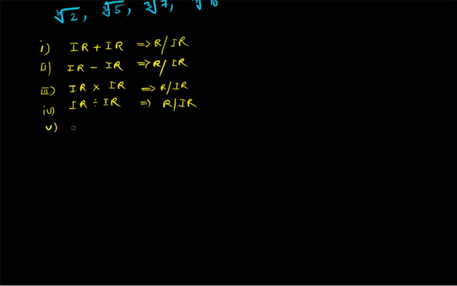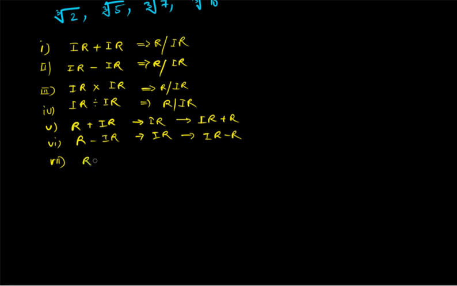But the sum of a rational and an irrational will always be an irrational. Rational minus irrational or irrational minus rational will always be an irrational. Product of a rational and an irrational is always irrational. So rational into irrational is always irrational.